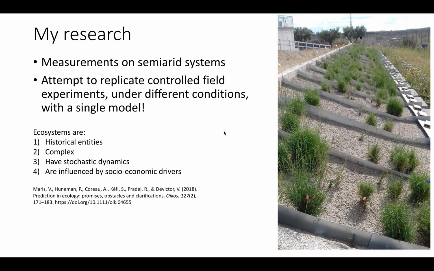They behave stochastically, so for stochastic processes, you should think about, for example, stock movements, where there's a trend but also a lot of stochastic noise around it. Well, we see the same thing in measurements on ecosystems. And they're also often influenced by socioeconomic drivers such as farmers in the neighborhood or policymakers trying to influence the system.